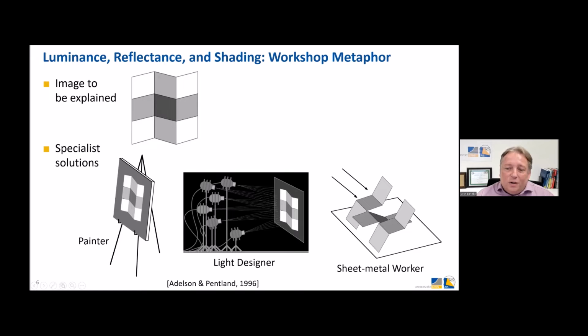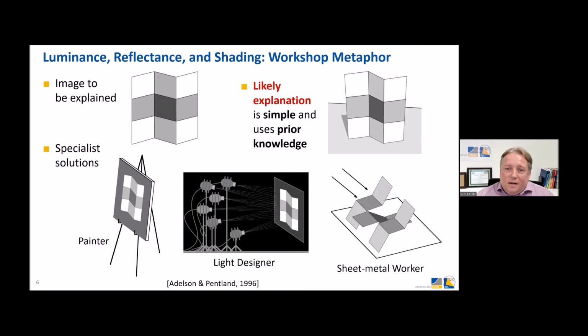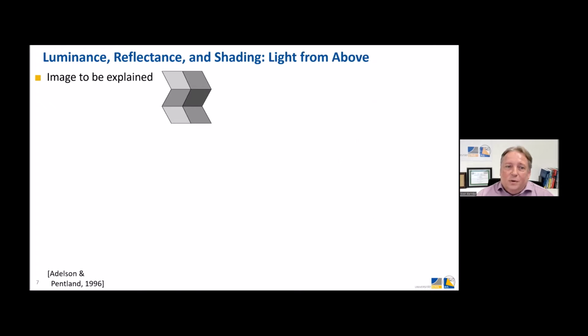Or a metal sheet worker may have a very complicated geometry, uniform lighting, the same reflectance overall, and produce our image. But a likely explanation is this one, which is simple and uses prior knowledge about how typical objects are in the world and how light usually comes in the world.